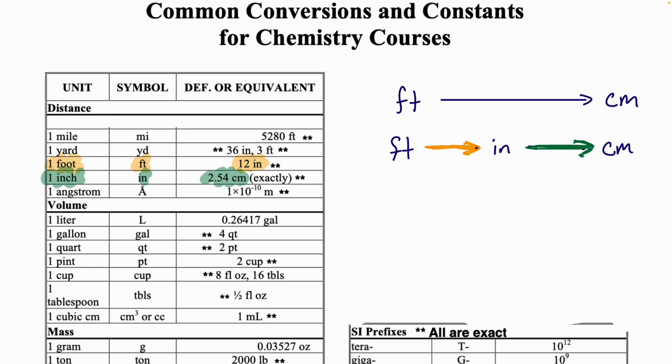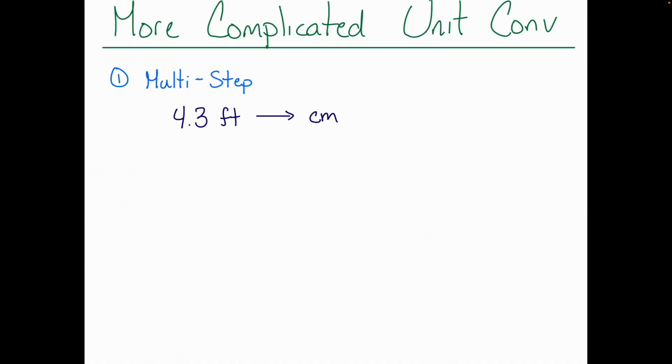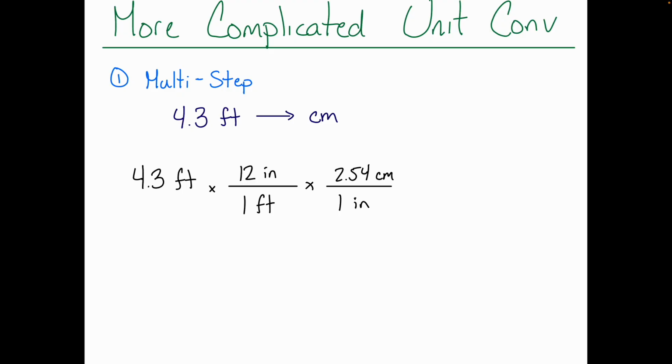Okay, so if I wanted to set up this conversion, I would start with my 4.3 feet. Then I would multiply by the conversion factor which told me that in 1 foot there are 12 inches. And then I would tack on my second one, which told me that 1 inch is 2.54 centimeters.